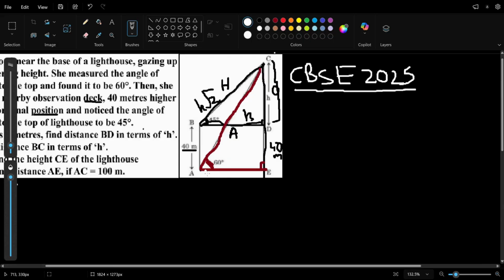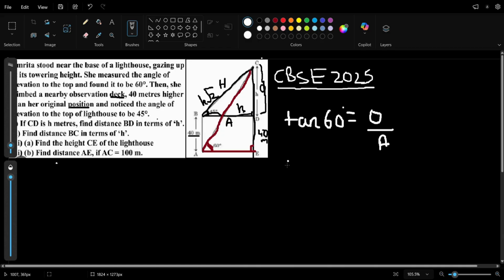So we can take opposite by adjacent. We know tan 60 is equal to opposite by adjacent.